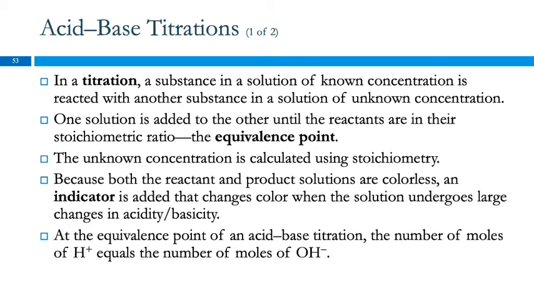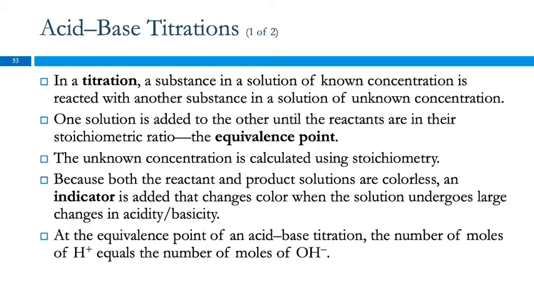And the idea here is that we want to find the unknown concentration. We add one solution to the other until we get a stoichiometric ratio, the ratio from the balanced chemical equation. That is called the equivalence point. And then we can calculate the unknown concentration using stoichiometry. It ends up being a solution stoichiometry problem.